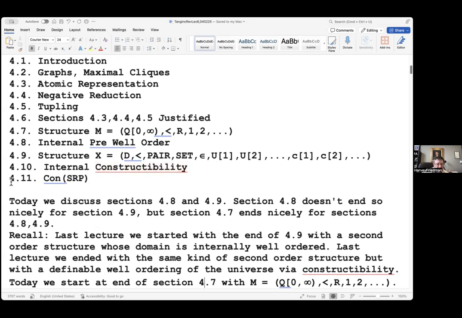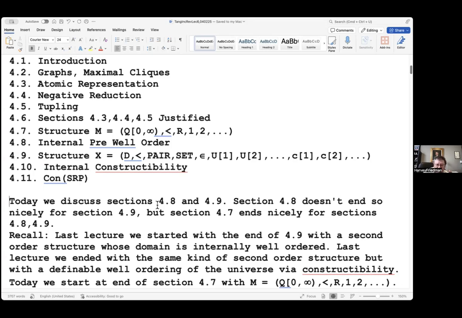And we did this. And then last time we did this. All right. Now, I said I was going to go back one each time. That's a bit of a lie because we're going to discuss sections 4.8 and 4.9, because 4.8 doesn't end so nicely for section 4.9.